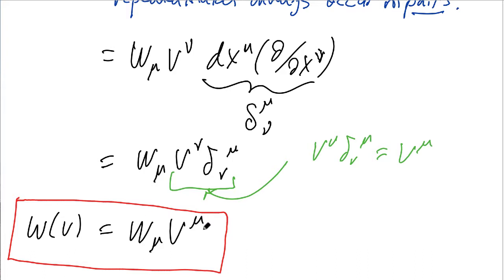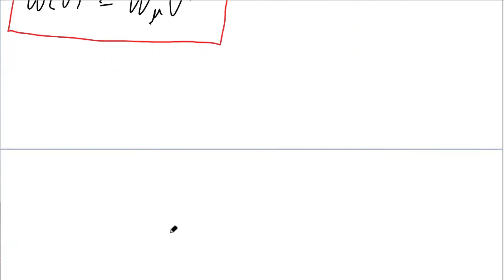Now that we have a basic understanding of covectors, let's return to this question of the meaning of the symbol d. This is the differential or exterior derivative.